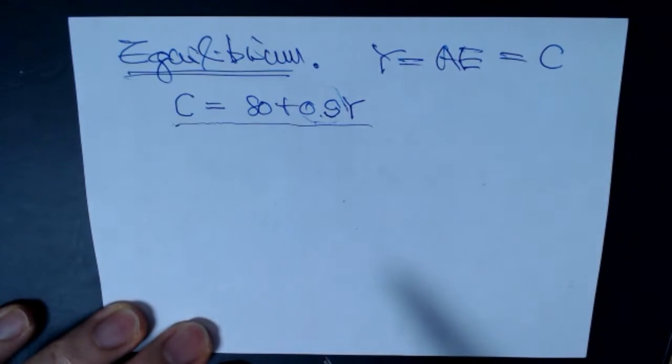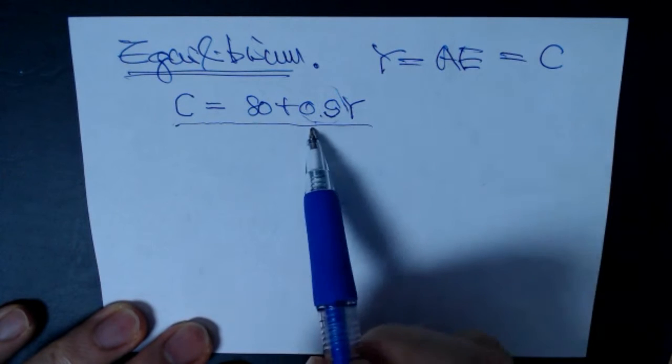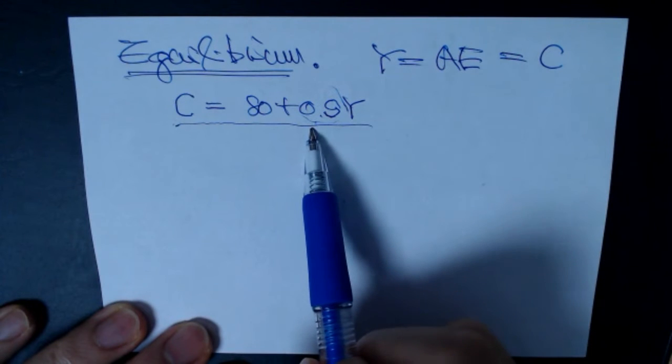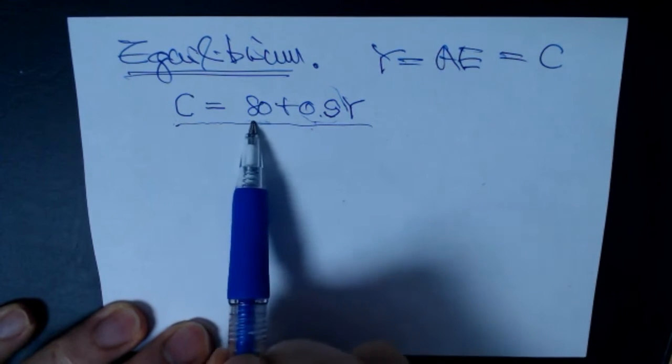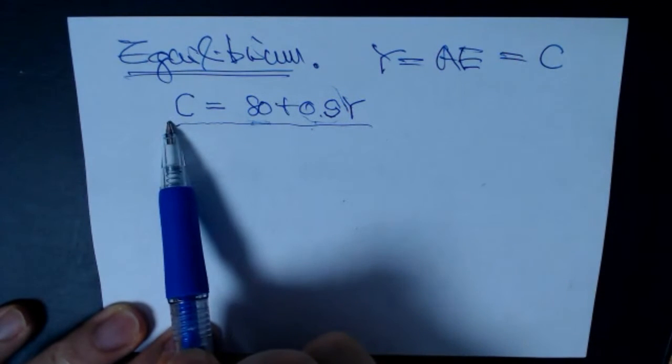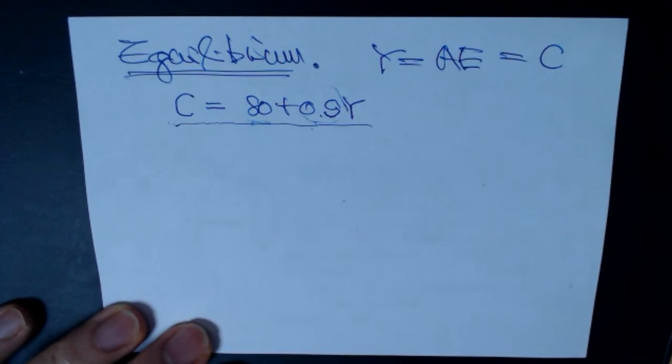So they have a very strong tendency to consume and then save 10%. Some other factors can explain the amount of autonomous consumption. That's the situation. So how do we find the equilibrium in this situation?